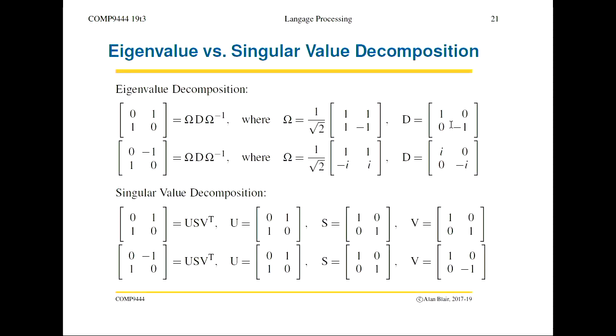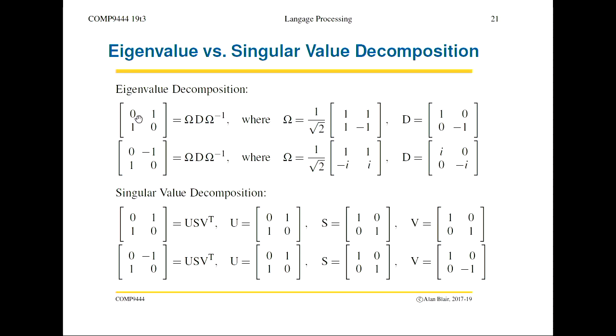Now, a lot of people are familiar with the idea of eigenvalue decomposition, and it's natural to ask what's the difference between eigenvalue decomposition and singular value decomposition. Here's a couple of examples. If we try to take the eigenvalue decomposition of these two matrices, you'll notice that the eigenvalues aren't necessarily positive.